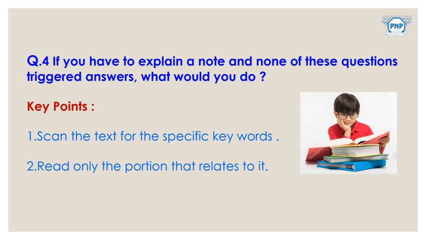You need to scan the main text for the specific keywords and then read only the portion that relates to it. For example, if you have to say something more about the publishing of the Braille alphabet, you would have an estimate of which part of the main text you would find the related information.